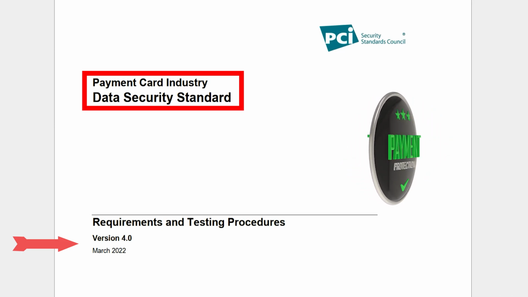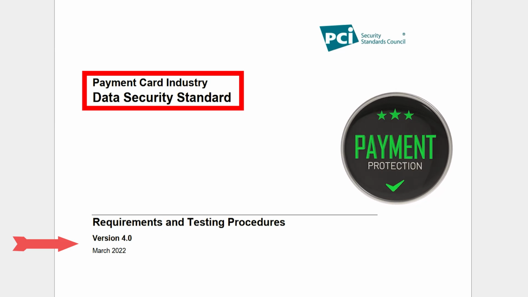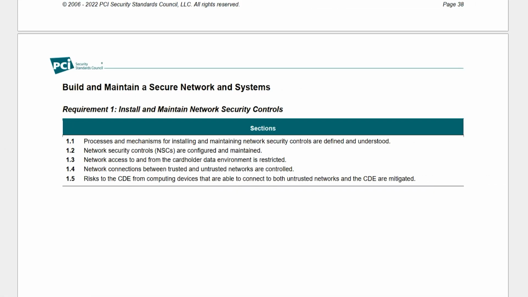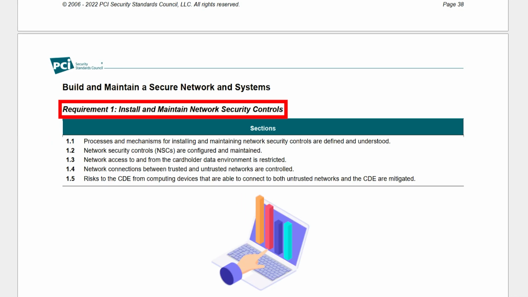We will be covering today requirement 1, looking at the main requirements, the sub-requirements, and the testing procedures. Requirement 1: Install and maintain network security controls. Now this requirement is divided into main sub-requirements. 1.1. Processes and mechanisms for installing and maintaining network security controls are defined and understood. 1.2.